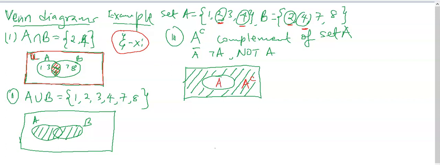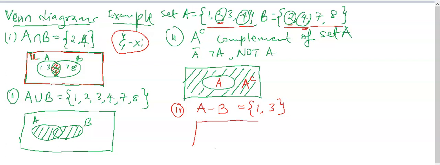You can go on like that and have, let's say, the difference of set A and B. If we use the above examples, this is set A and this is set B, this is the set that contains the elements that are only in set A, which are 1 and 3.